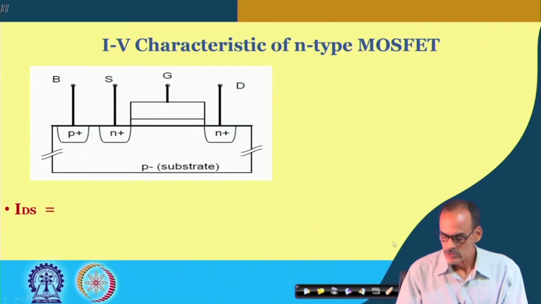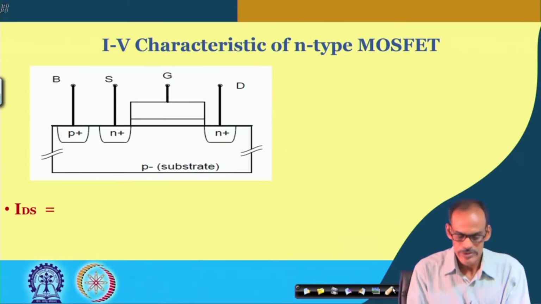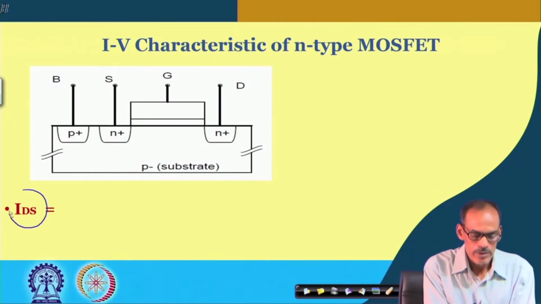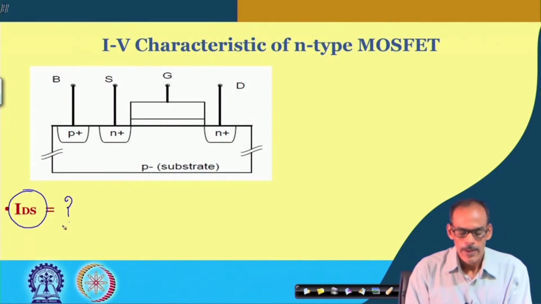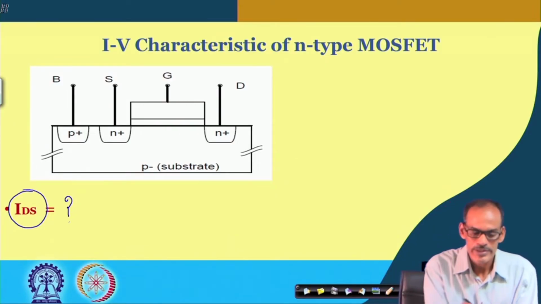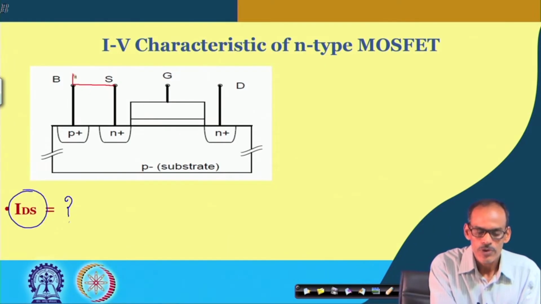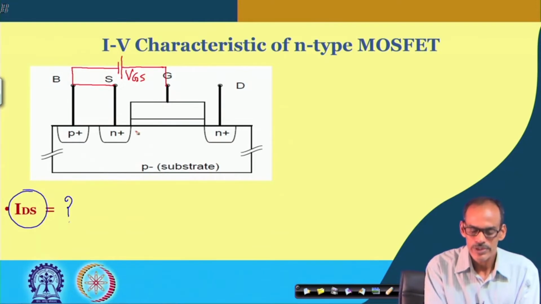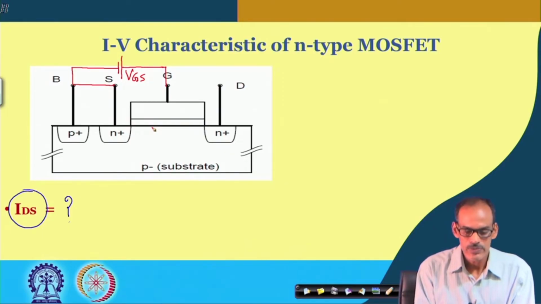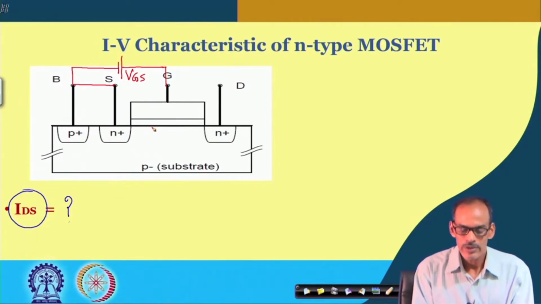So, what will be the expression of this IDS? So, this is the big question. First of all, let me quickly put the biases. For vertical field, we do have VGS here. So, that creates vertical field, and let me assume that this VGS is higher than VTH.